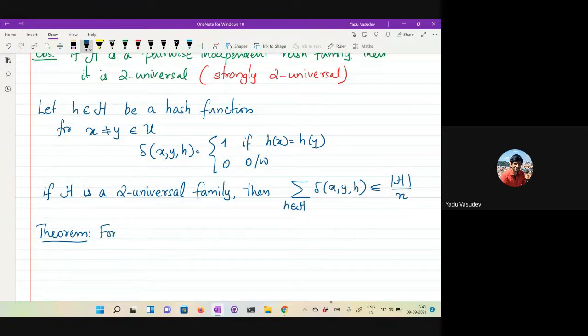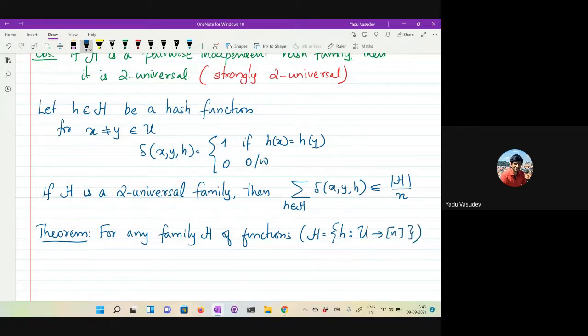So for any family H of functions, where H is a set of functions from the set U to n, and let's assume the cardinality of U is equal to, say, m for now.